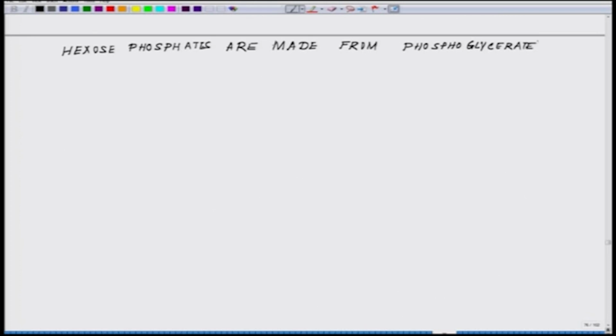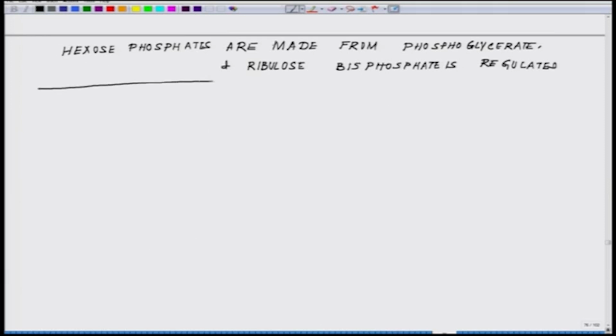Whenever we talk about these hexoses, those are the first commonly and readily available sugars, and ribulose bisphosphate is regulated, and we will talk about how that gets regulated.